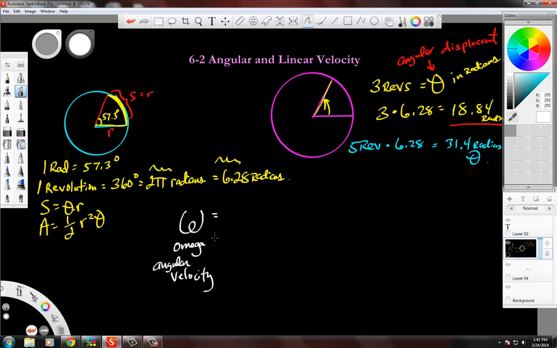That equation equals theta over t, where t is time, and it doesn't have to be in seconds. It doesn't have to be in minutes. It can be pretty much in anything: minutes, seconds, hours. And this is the theta that we just solved for. This is called the angular displacement.